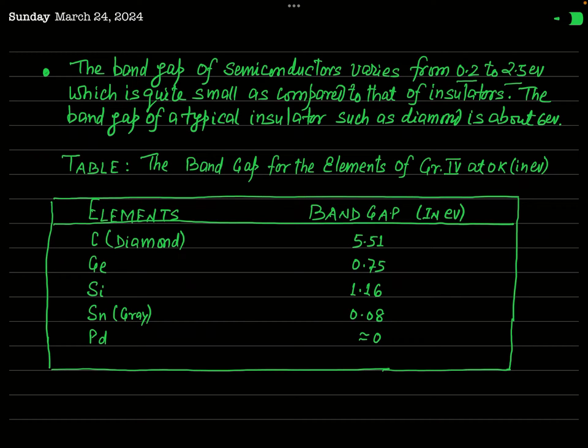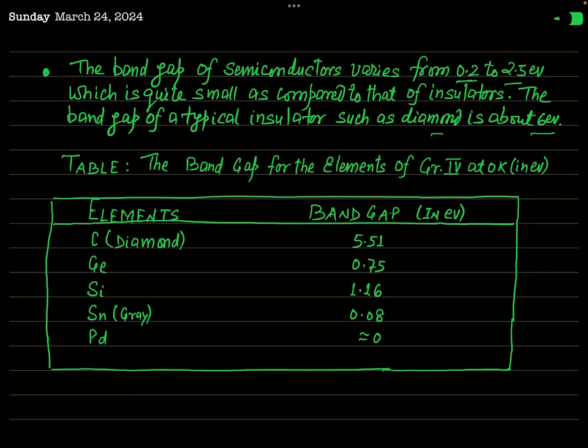Actually, this value, 0.2 electron volt to 2.5 electron volt, is much smaller than the band gap of insulators. In case of insulators, if you talk about a particular insulator like diamond, it has a band gap of almost 6 electron volt, or sometimes you will also see a different form of diamond where the band gap may be 7 electron volt.